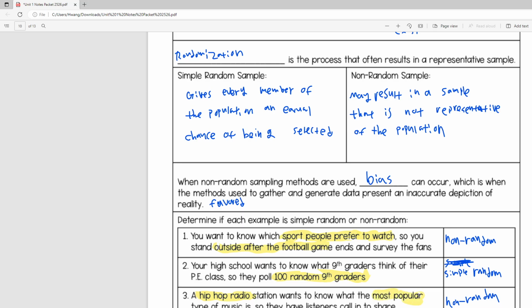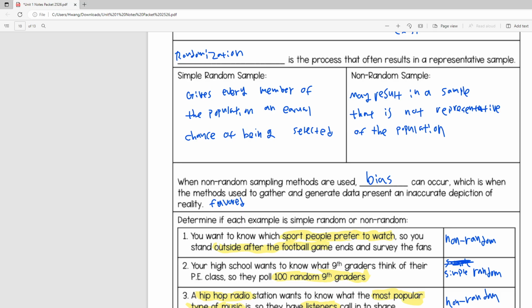Like I said, between pop, hip hop, classic, K-pop, whatever you name it. But where is this hip hop radio station collecting data? From their listeners. Their hip hop radio station listeners mostly will love hip hop.